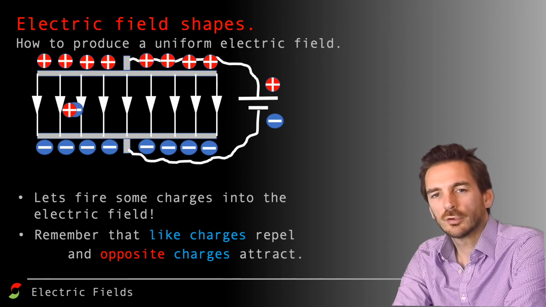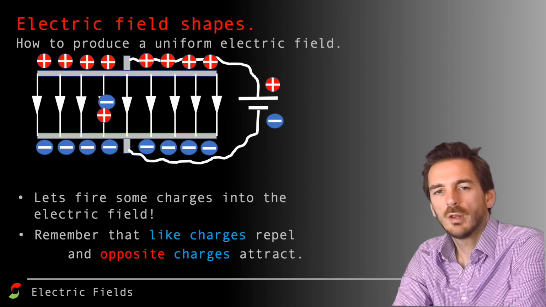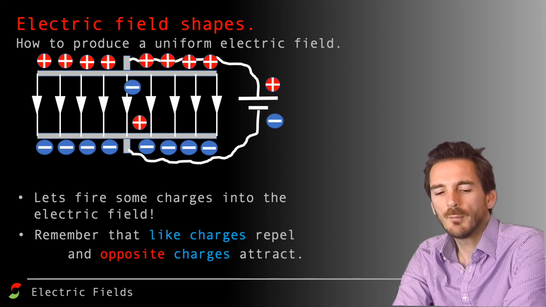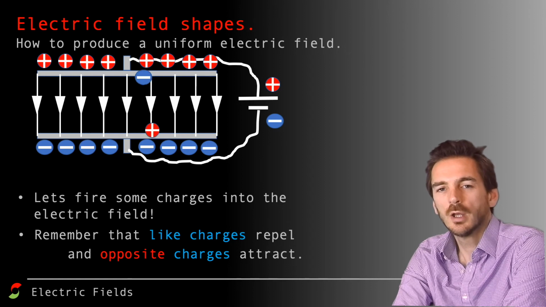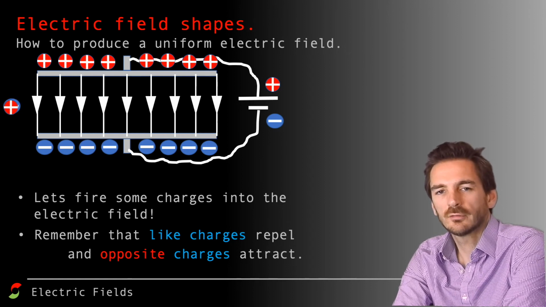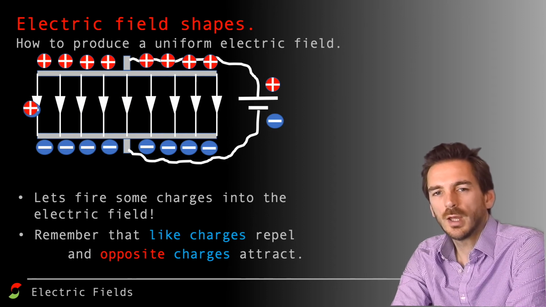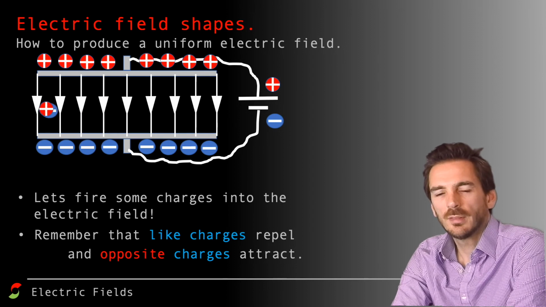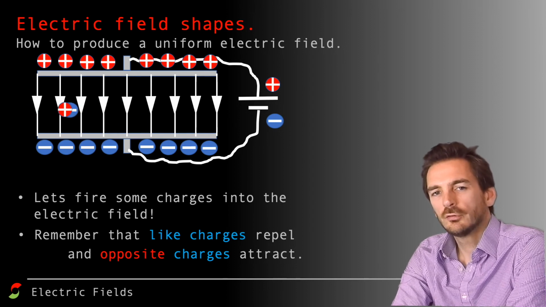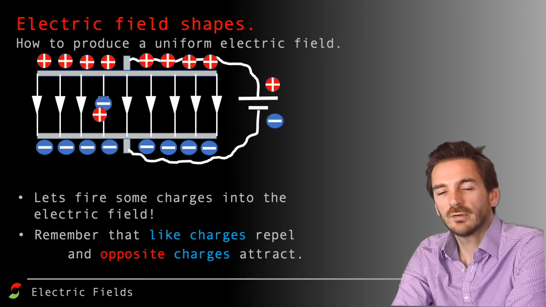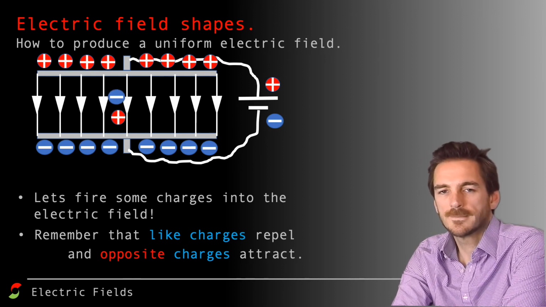So the upper plate would attract the negative charges, and the upper plate would also repel the positive charges. Or the bottom plate, if you like, would attract the positive charge and it would repel the negative charge. So they always refer back to the law of electrostatics, but that electric field shows us the direction in which the positive charge forces would act.